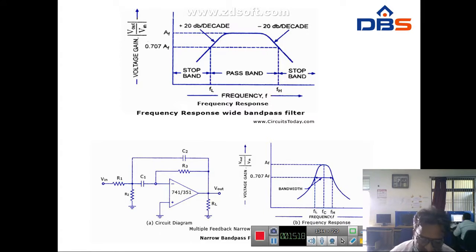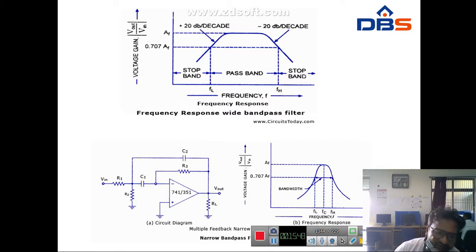The narrow band filter is designed for specific values of center frequency Fc and Q or Fc and bandwidth. To determine the exact bandwidth, the circuit components are determined from the following relationships. To simplify the design calculations, we choose the capacitor values C equal to C1 equal to C2.